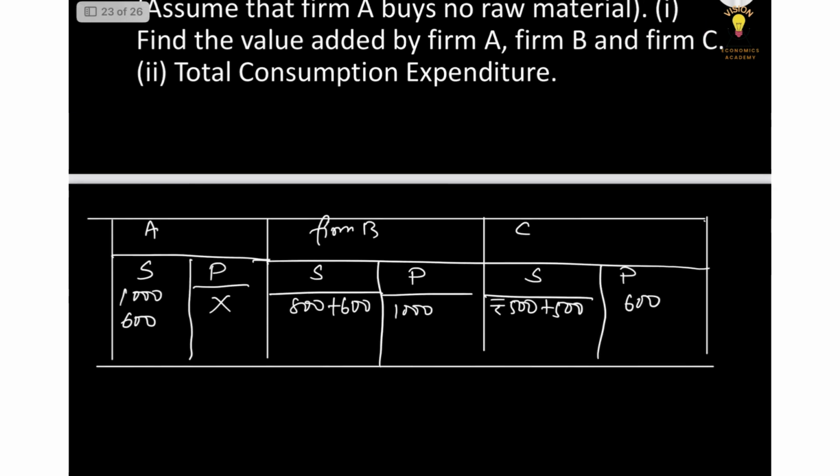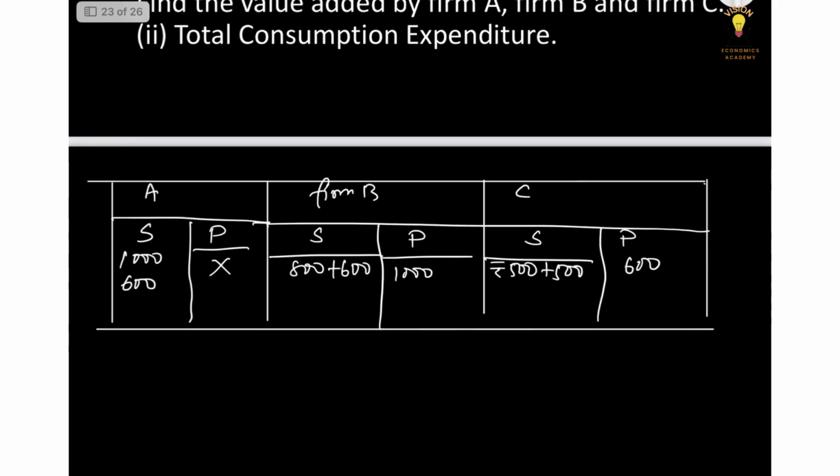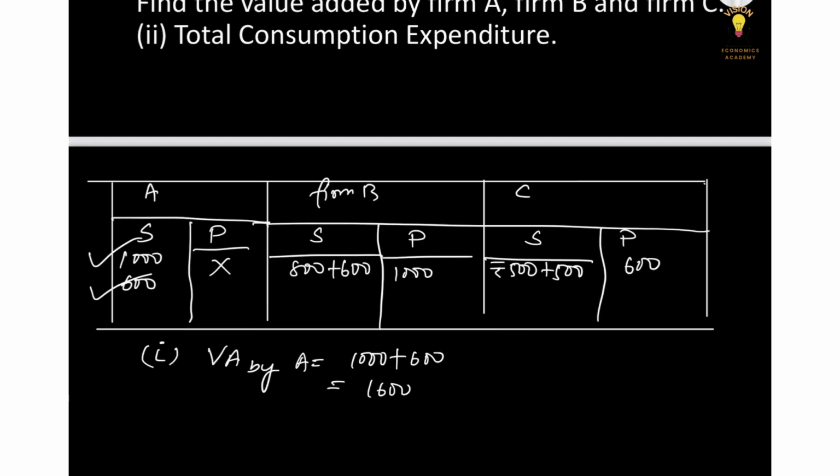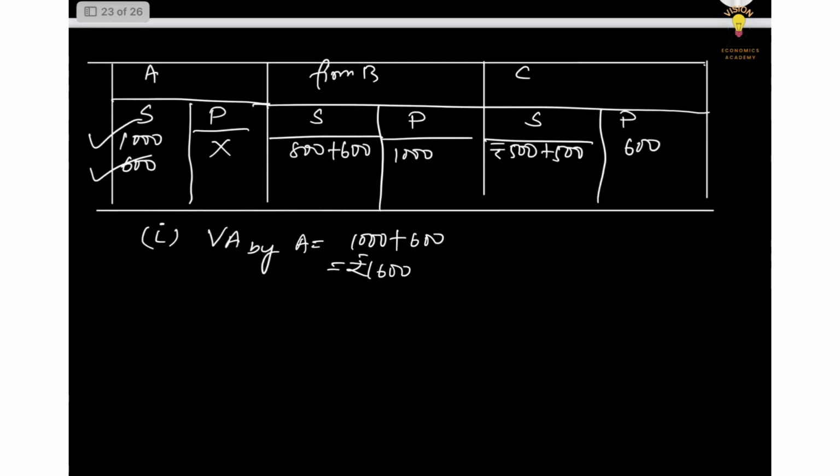Now what we need to find is the value added by firms A, B and C. So value added by A is 1000 plus 600, 1600. Then value added by B is 800 plus 600, that is 1400. Now, they have intermediate cost.